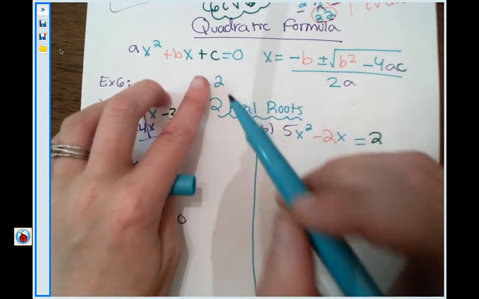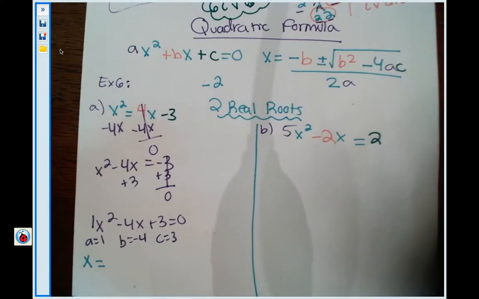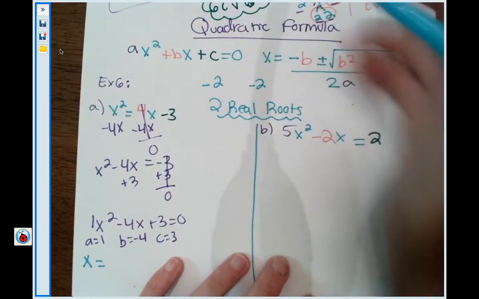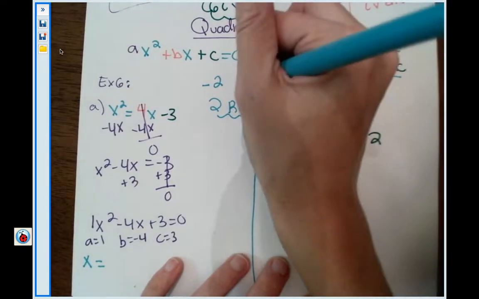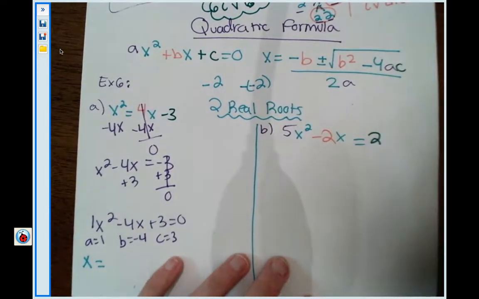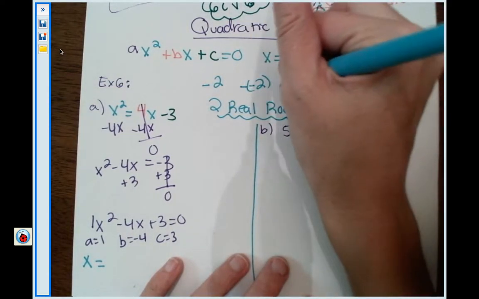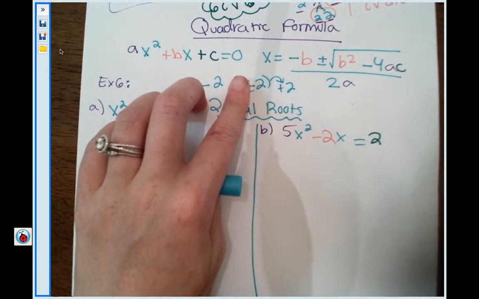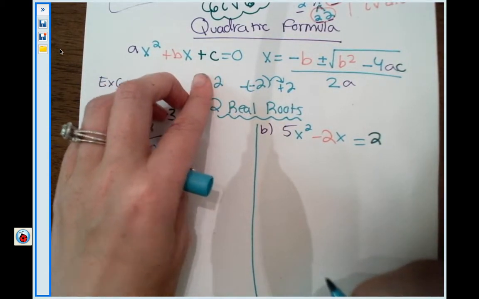So we have gone from a positive 2 to a negative 2. Now let's say I started with a negative 2. We're going to take the negative of that. And if you have a double negative, guess what, you guys? It turns positive. So a negative 2 will turn into a positive 2, and a positive 2 will turn into a negative 2.